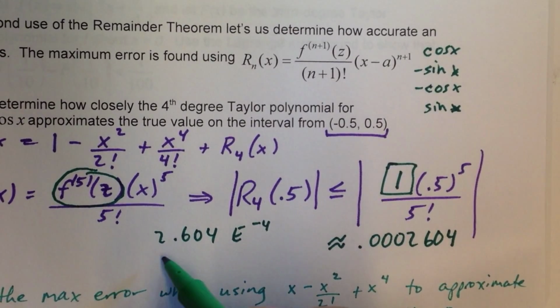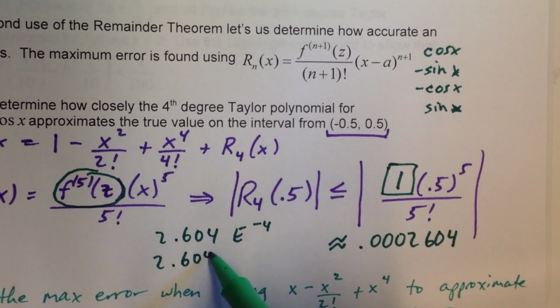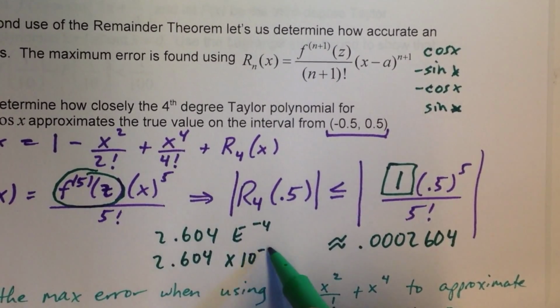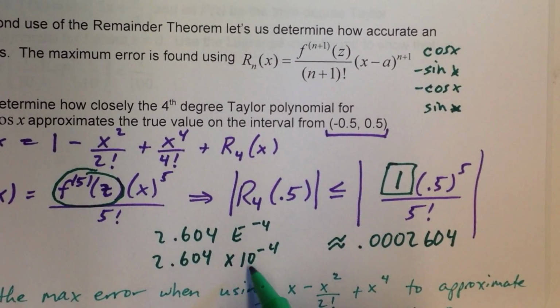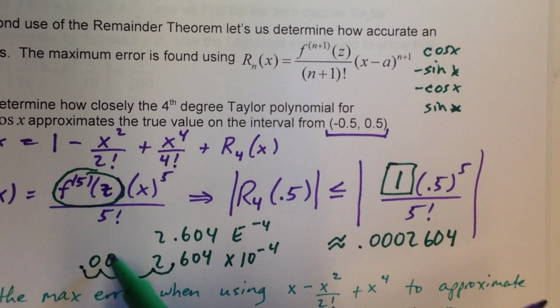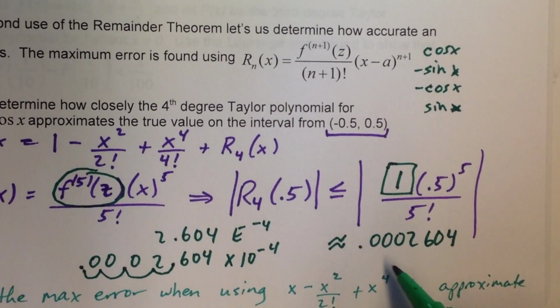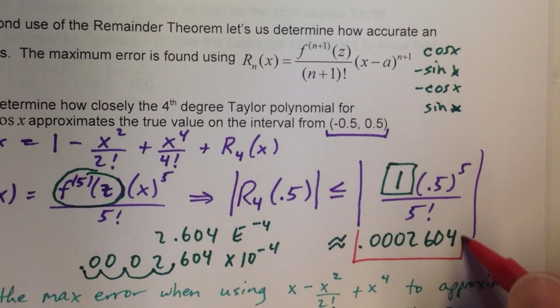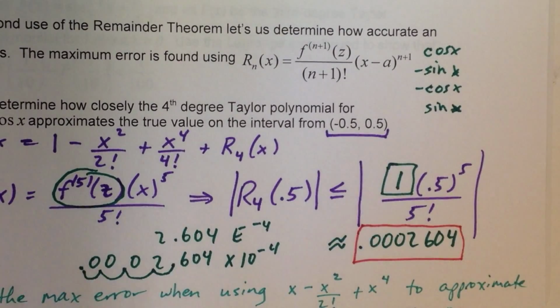Well, that's translated as 2.604 times 10 to the negative 4, and times 10 to the negative 4 means that we're going to take the decimal and go 1, 2, 3, 4 to the left, and then those empty buckets we fill with zeros, and we get our maximum error. Okay, so that's how we get our maximum error.